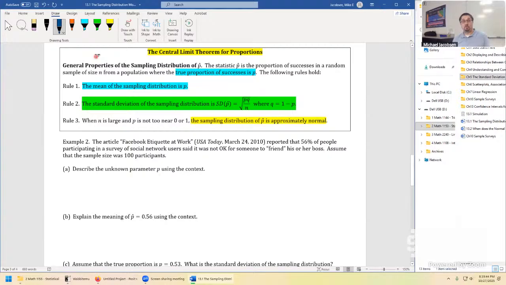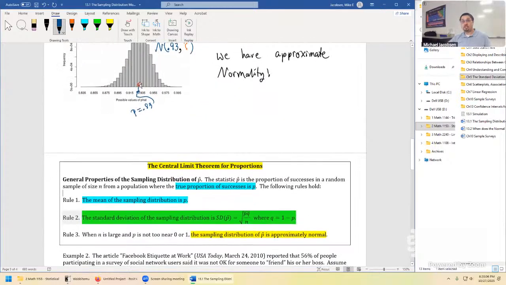And it's a pretty bizarre statement. This is something that can be proven mathematically. So it's a true mathematical theorem. Yet the proof of this thing is gigantic. An entire tome, a book, could be devoted to proving this fact right here. It's nice that we can see it through a simulation, so it looks like something that's highly plausible. It tells us the statistic p-hat comes from a distribution that looks like this.